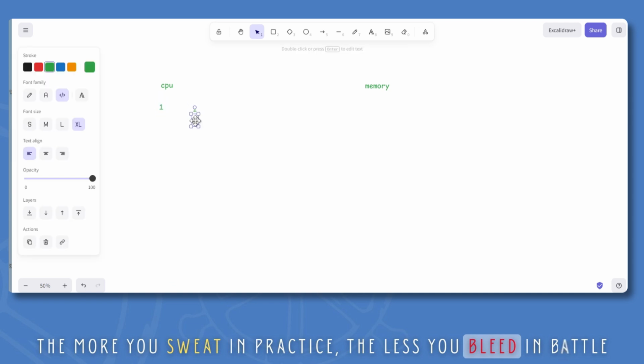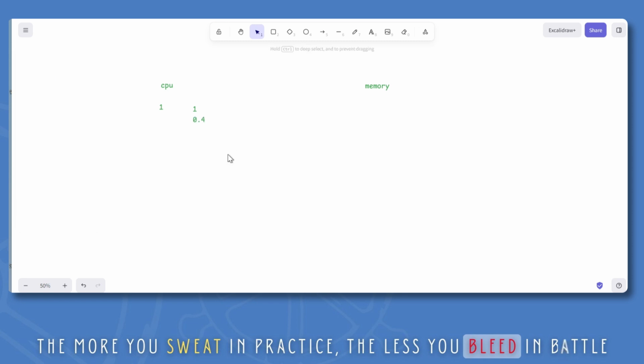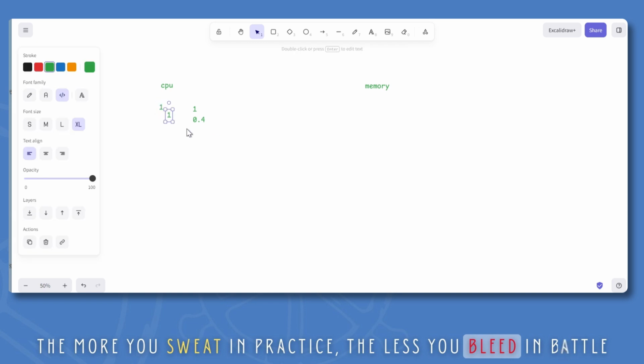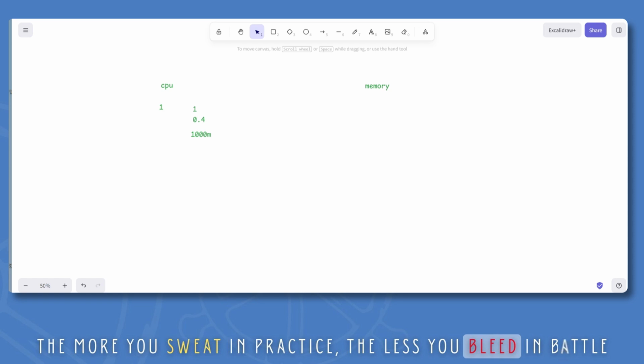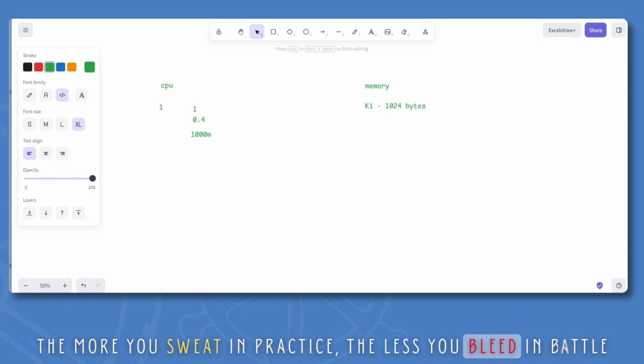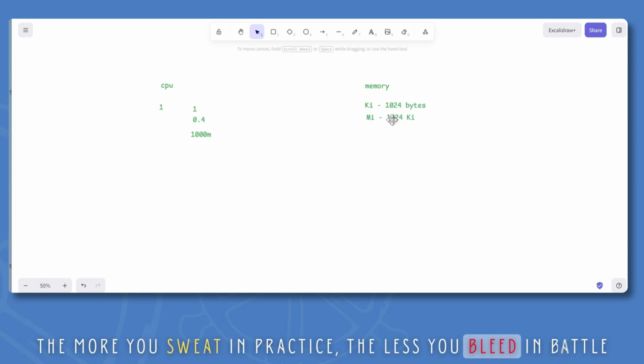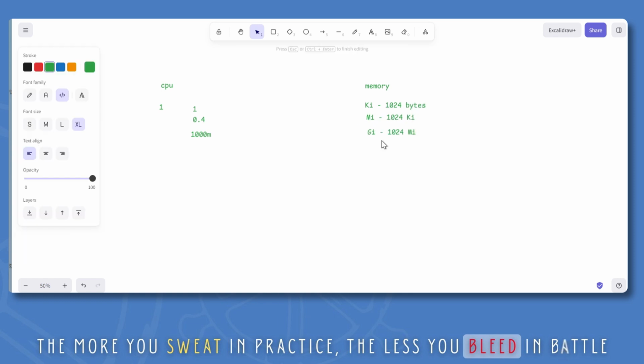If it is 0.4, it means 40% of one core. It can also be represented in millicores, where one core is 1000 millicores. If it is memory, it's very simple: Mi is 1024 bytes, similarly Ki, and similarly Gi. Great going. And now back to the topic.